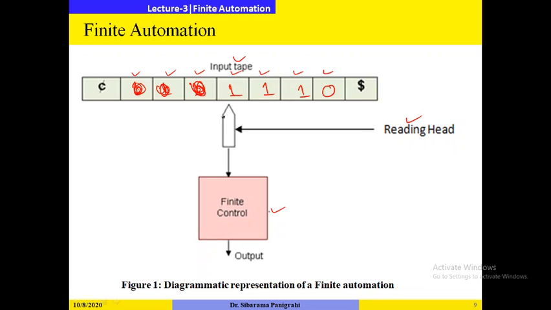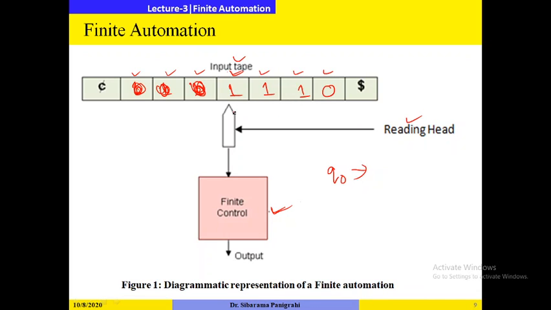Considering the reading head's position, I will first read this cell, so 1 will be given as input. The finite control has the knowledge of all the states, initial state, final state, and transitions among the states. The initial state q0 will read the symbol 1 through the reading head.